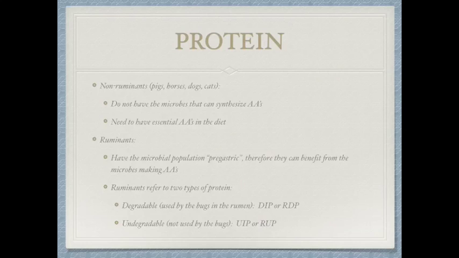And so in ruminants, we evaluate protein based upon its degradability. And when we talk about degradability, we're talking about what can be used by the bugs or not used by the bugs. There are a couple different terms for degradable protein. You will see either DIP, degradable intake protein, or RDP, rumen degradable protein.